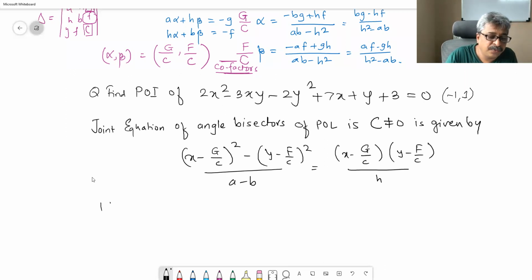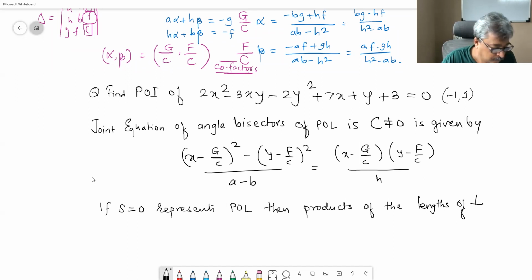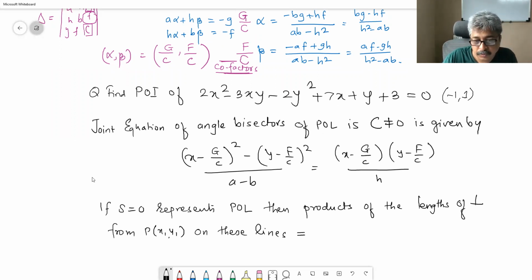Okay, next. If S is equal to 0 represents POL, then the product of the lengths of perpendiculars from P(x1, y1) on these lines is equal to, okay, find out.